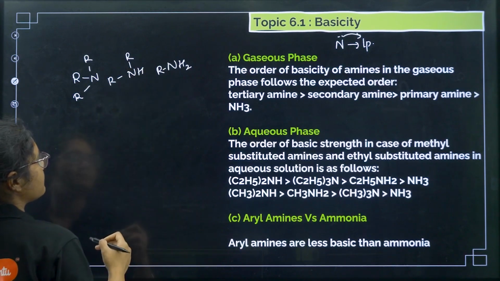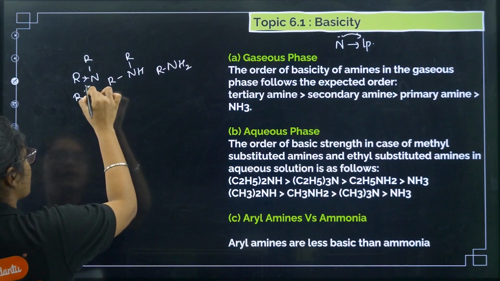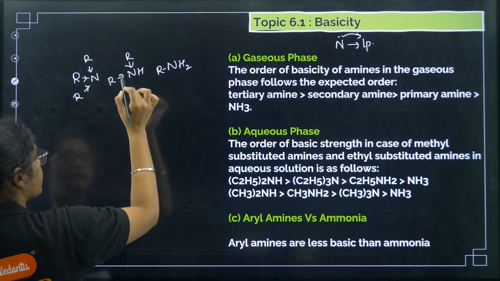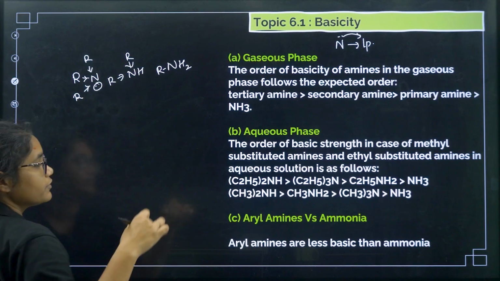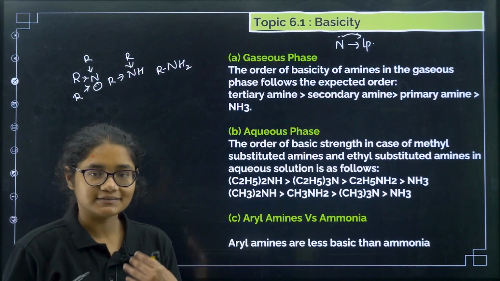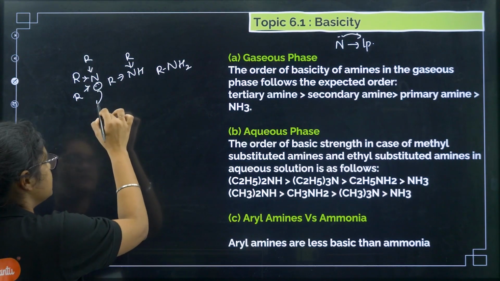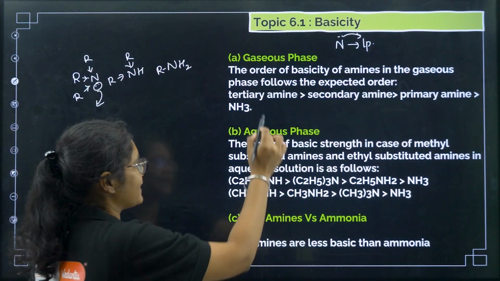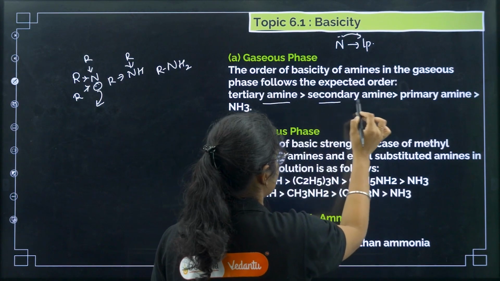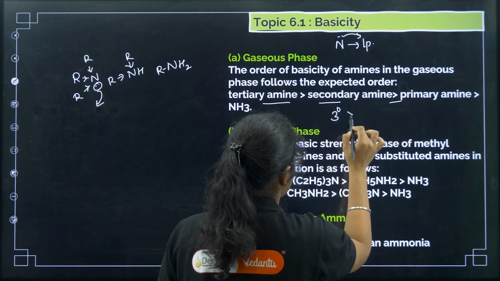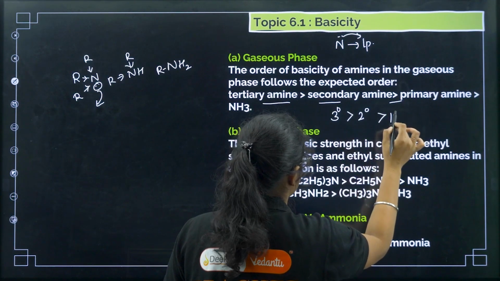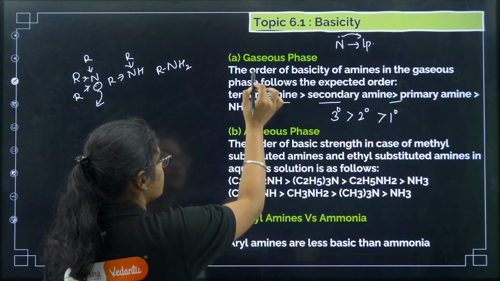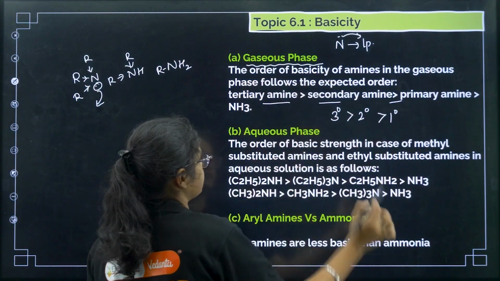The R groups have a plus I effect, so they donate electrons, the electron density on the nitrogen increases, and donation becomes easier. So in the gaseous phase the order is 3 degree, 2 degree, 1 degree. This you have to remember, very important.